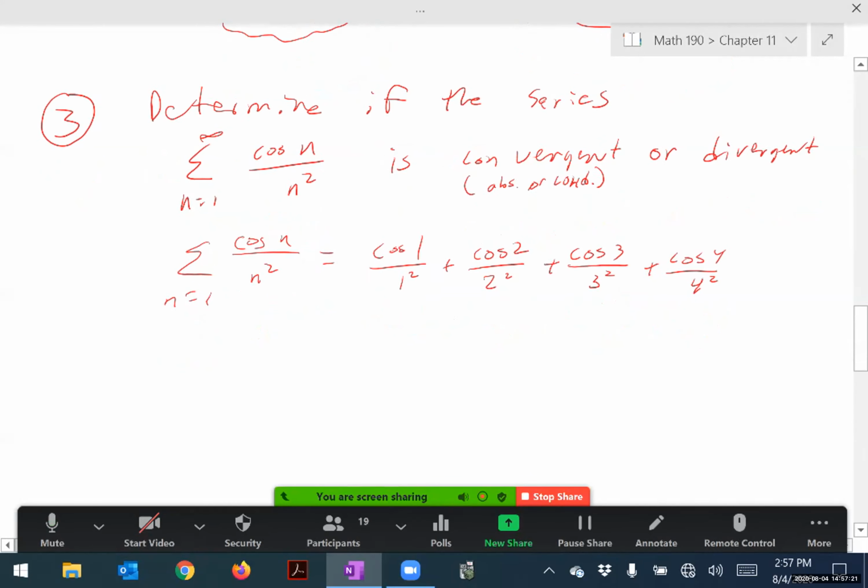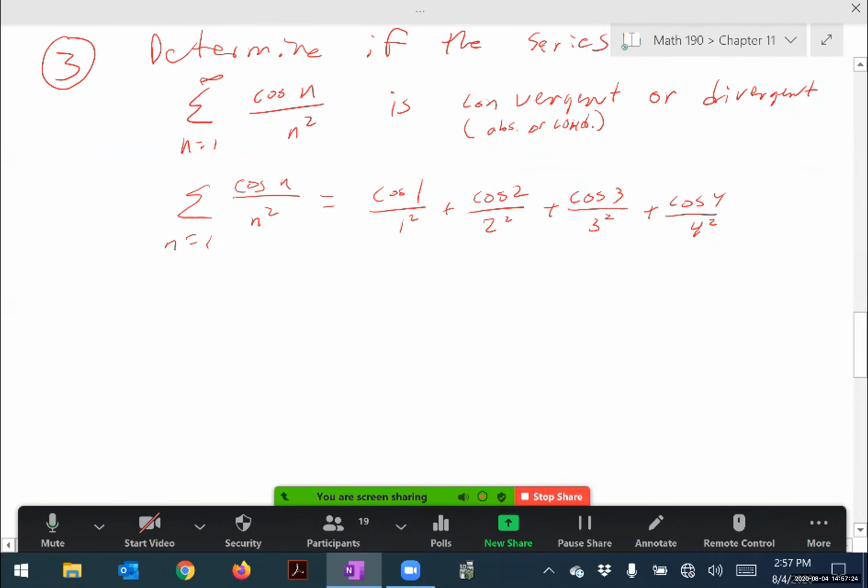So what do I know about these terms here? Well, let's look at the absolute value of the terms.